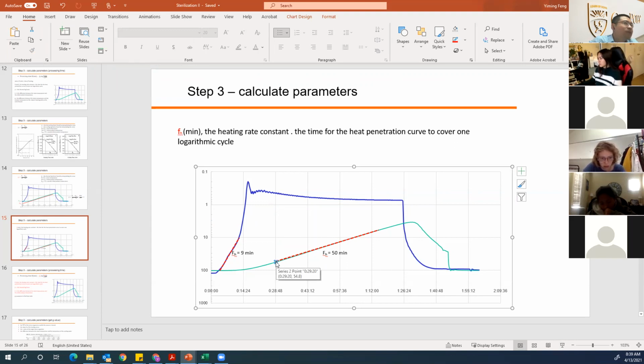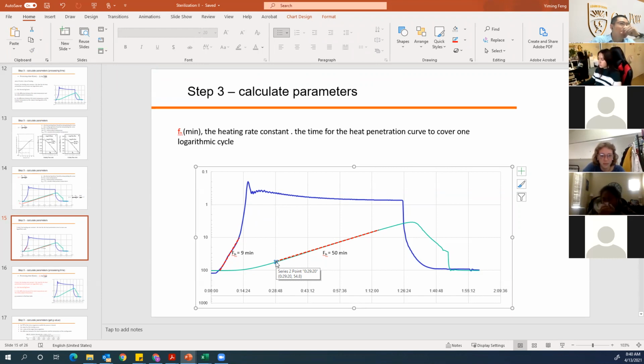Because this is the Excel curve, once we move our point on the curve, we can read the x and y values. You can see that this is 29 minutes, 20 seconds, and we have our temperature difference of 54.8. That's a reading from the y-axis.